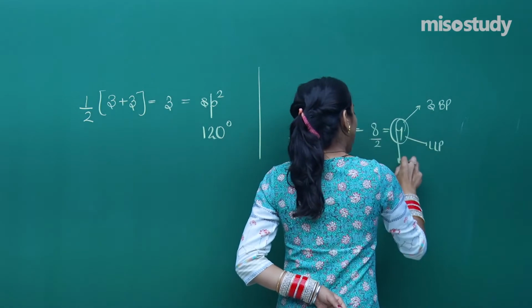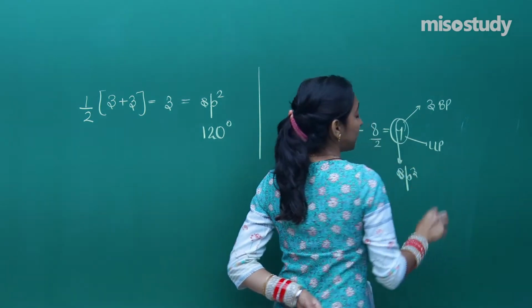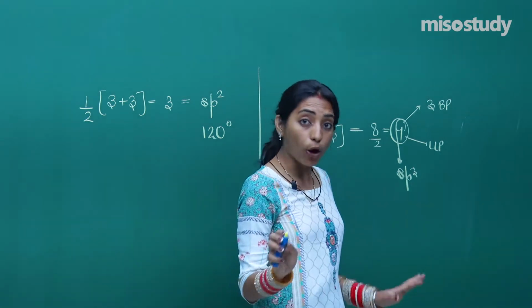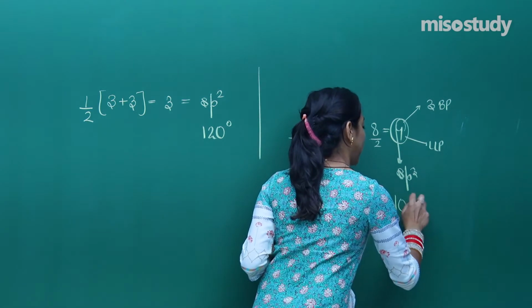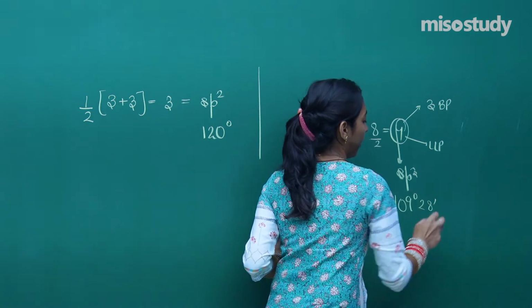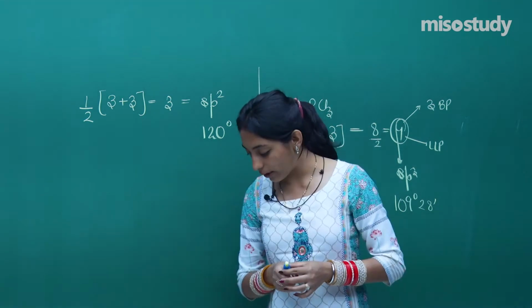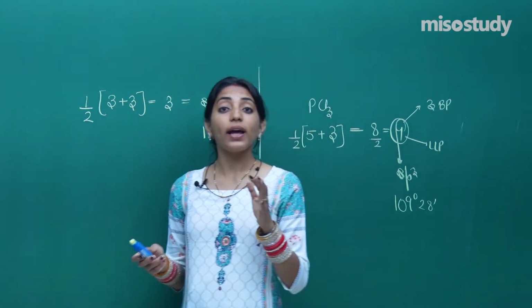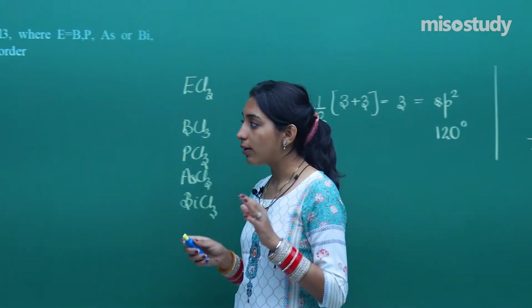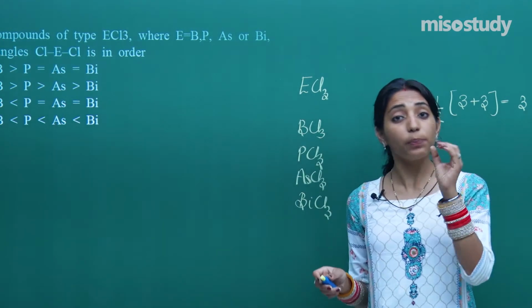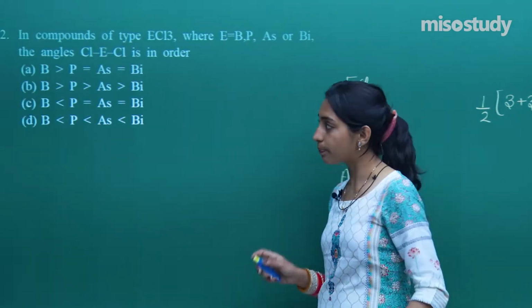That means the hybridization is sp3, and the bond angle would be around 109 degrees 28 minutes. But because of the presence of the lone pair, the bond angle will be an even smaller value. So what I am trying to say is, BCl3 will have the higher angle.